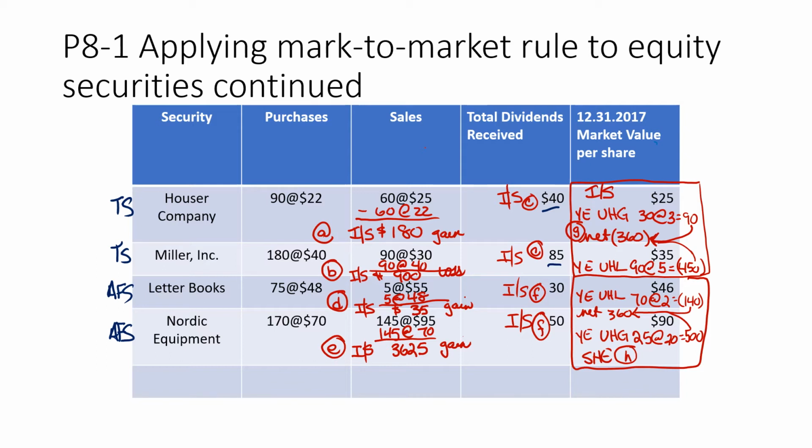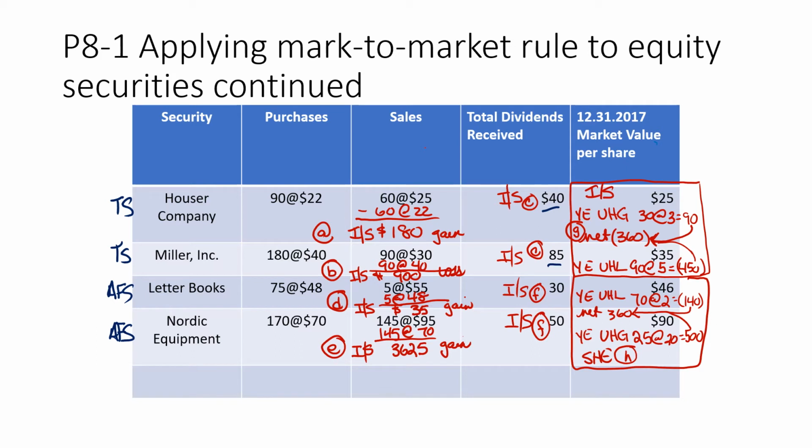Well, we bought them at 40, we sold them at 30, so we lost $10 a share for 90 shares, or we had an actual loss on the sale of trading securities of $900. 90 shares, $10 difference or decline in value.